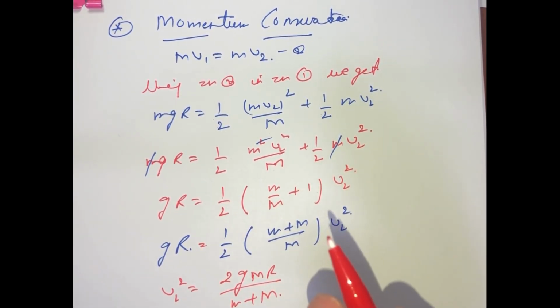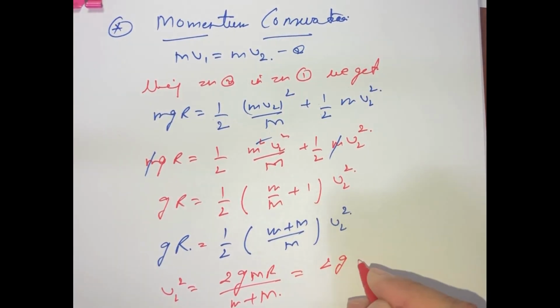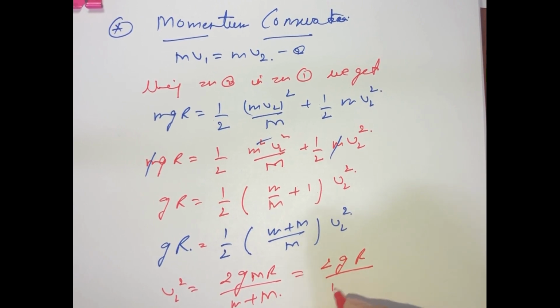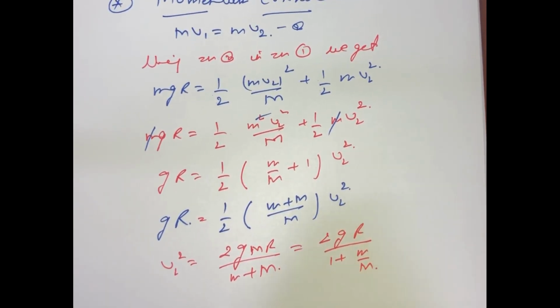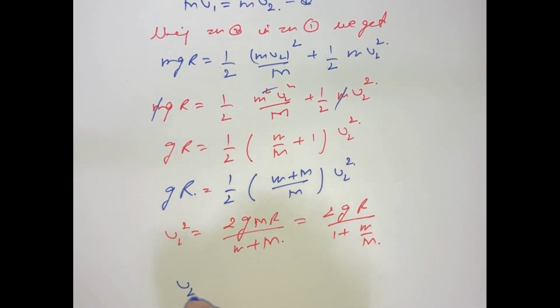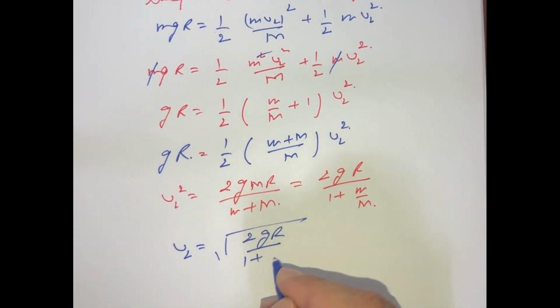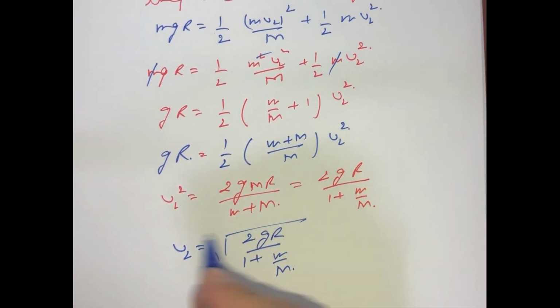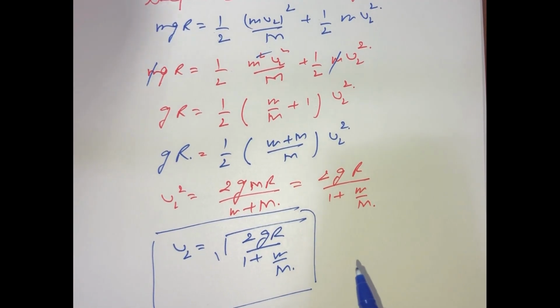but in the question it is in a different format, so let us change it to gr, and this will be 1 plus m divided by capital M. So we get v2 is equal to square root of 2gr divided by 1 plus m divided by capital M. So this is the velocity of the point mass.